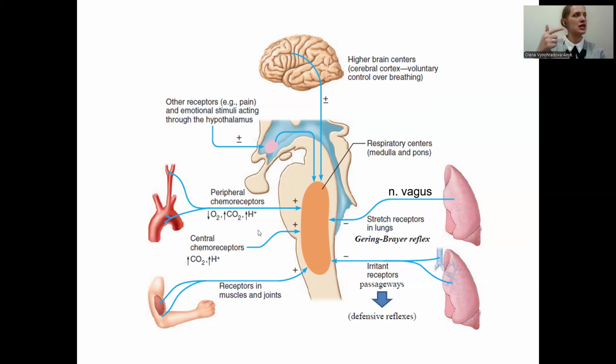Again, I would like to underline for you that peripheral chemoreceptors can be activated by decreasing oxygen concentration, increasing carbon dioxide, and increasing H+. Central chemoreceptors, which are located in the respiratory center, are sensitive only to carbon dioxide and H+ ions, but they are not sensitive to oxygen. This is an important moment, please pay attention to that.